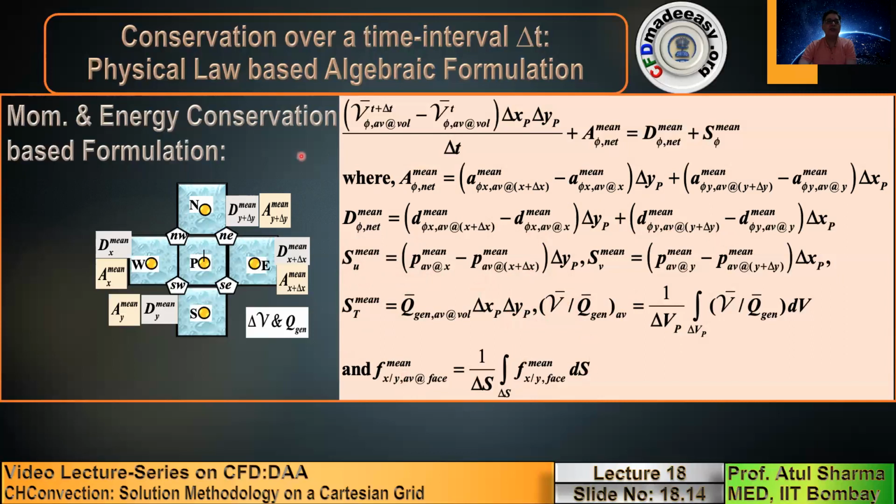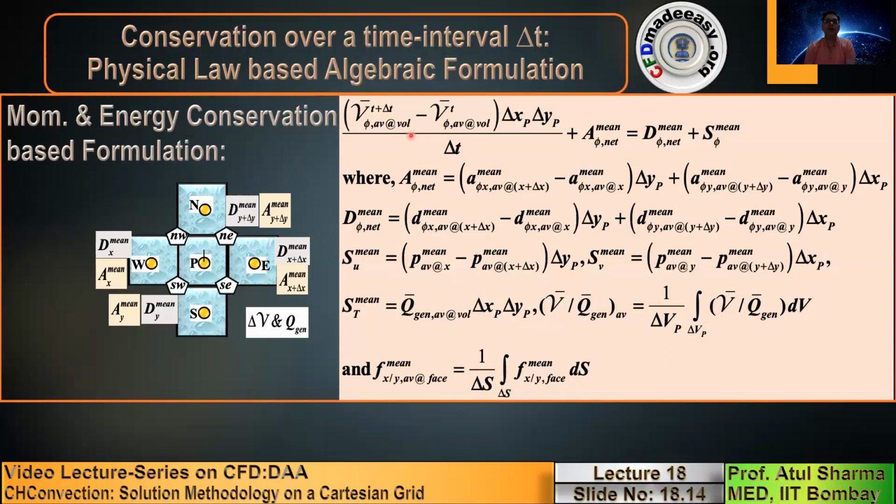So we have expressed a physical law based algebraic formulation. This is very similar to the previous topic. It's just that we are using a generalized symbol based generic formulation, not only limited to the energy conservation law, but now applicable for the X momentum and Y momentum conservation laws. You can consider that we are packaging what has already been presented in computational heat convection for momentum conservation also.